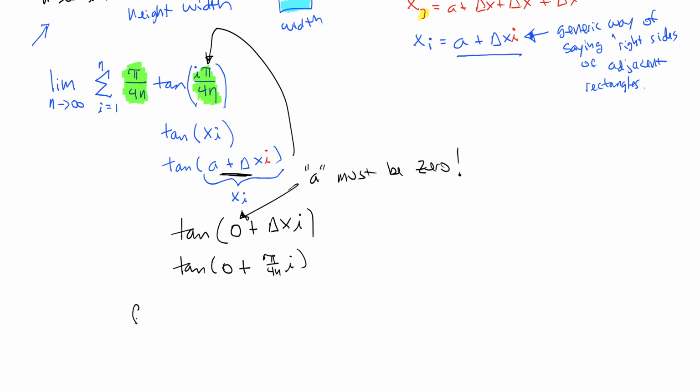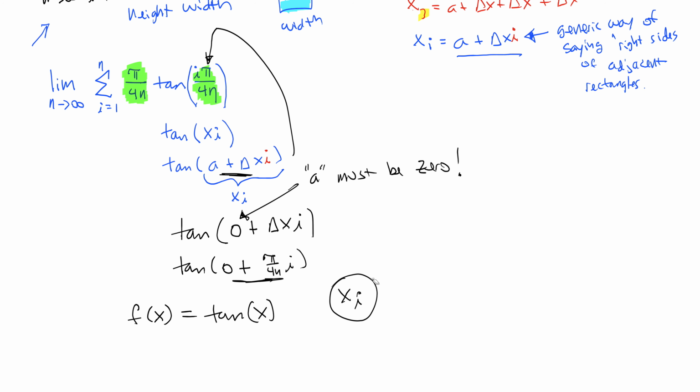That means that we have a function, f of x equals tangent of x. That's our basic equation. And if we drop in xi, which is this business right there, then we end up with this, which takes us to this.